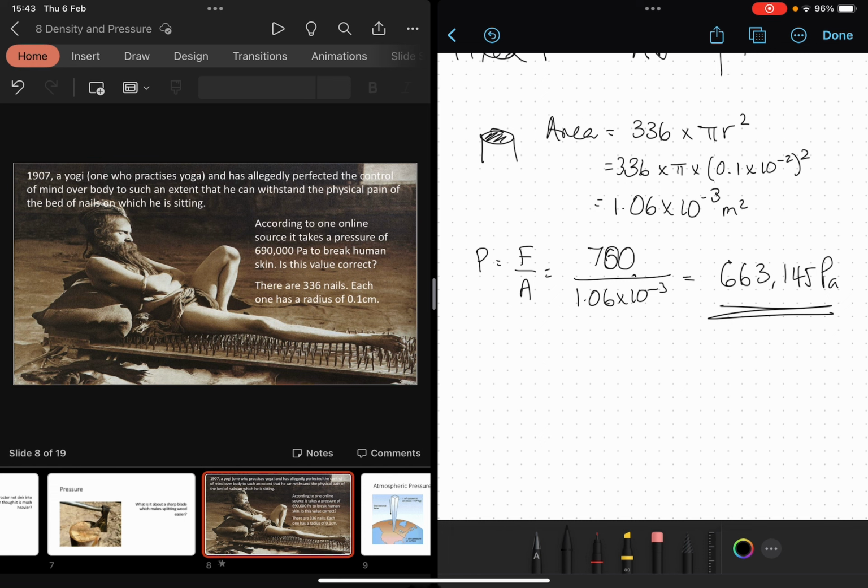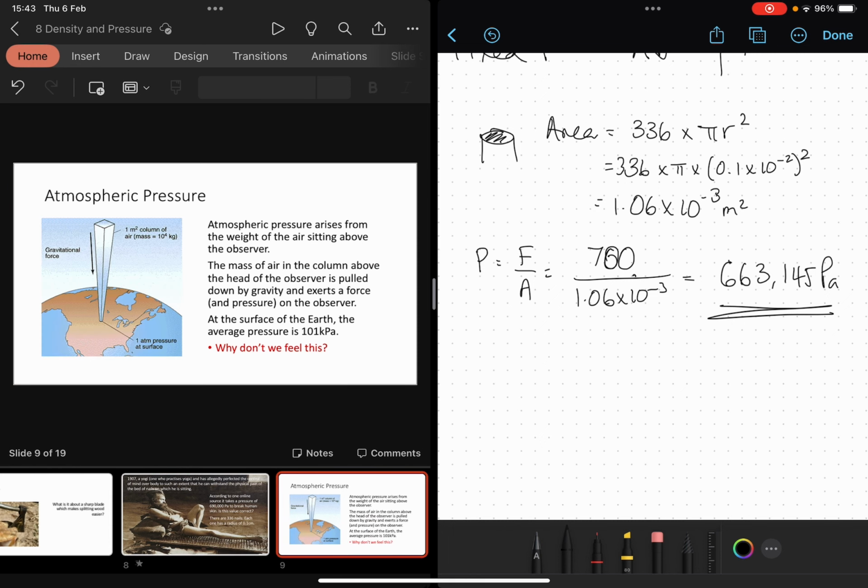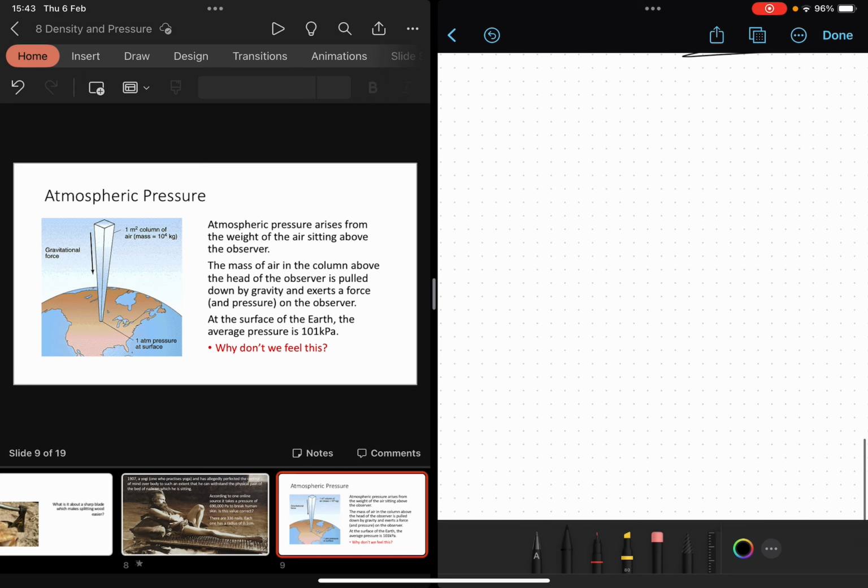Now, when we're talking about pressure, we're going to divide it into two different types of pressure. The first is atmospheric pressure. I don't know whether you've thought about this before, but there's about 10 kilometres of air above you where you're sitting or standing now.